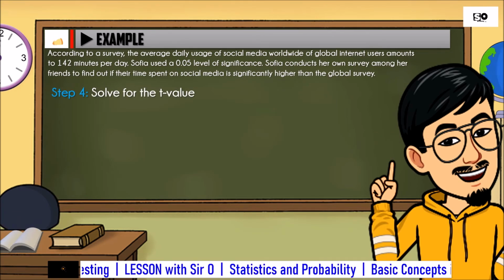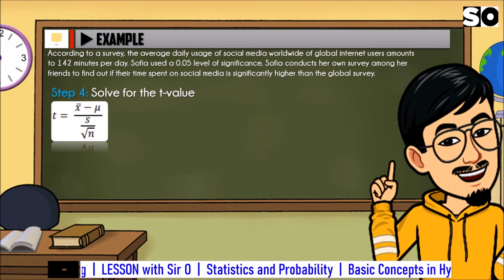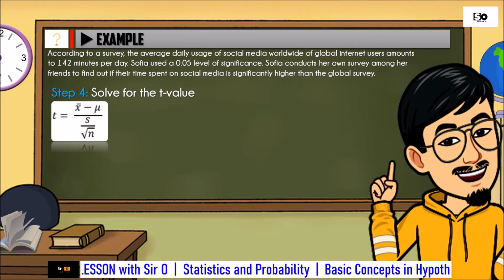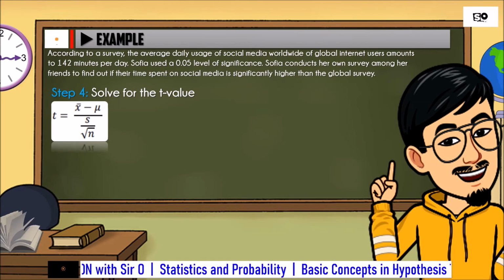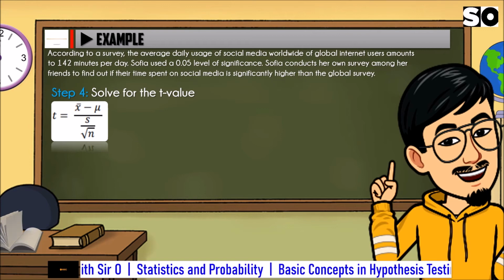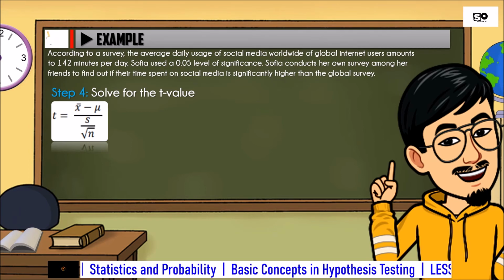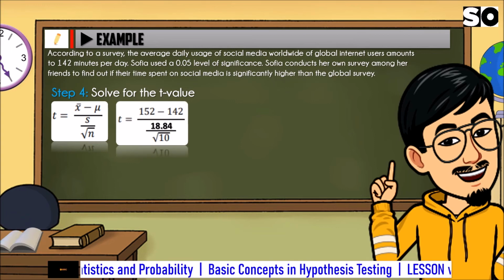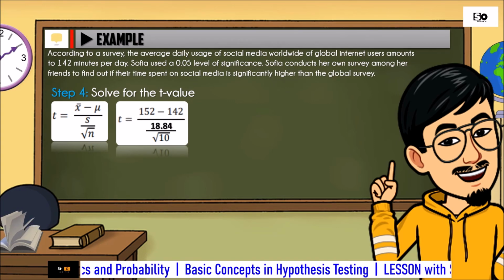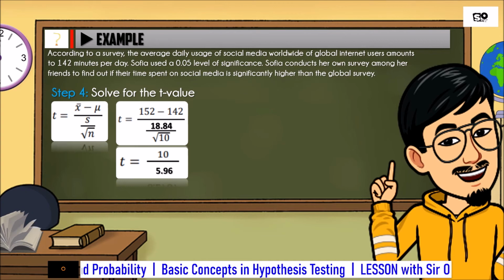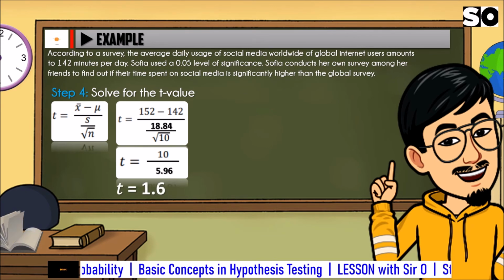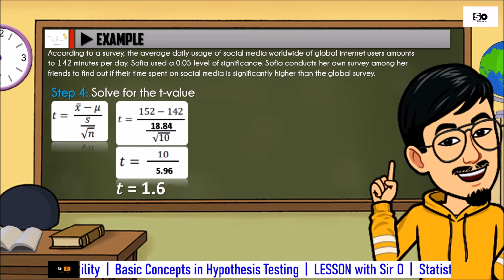Step 4. Solve for the t-value using this formula: x bar minus mu over s over square root of n. Substitute the given, then perform the operation. So we have t is equal to 1.6.